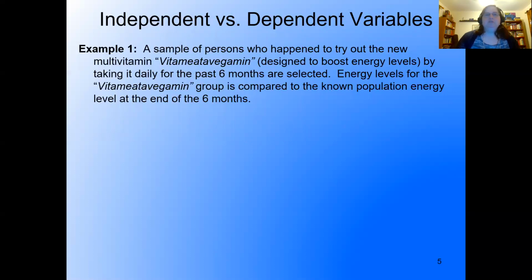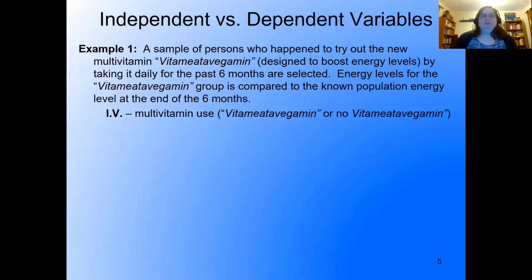We just chose to observe it. So the IV is the multivitamin use, vitamin or no vitamin. And the DV is our energy levels. Okay, that's what we measured, and that's what is our outcome variable, is energy level.